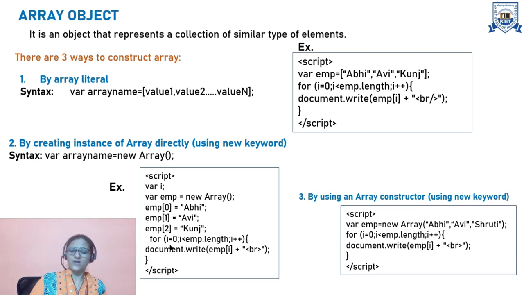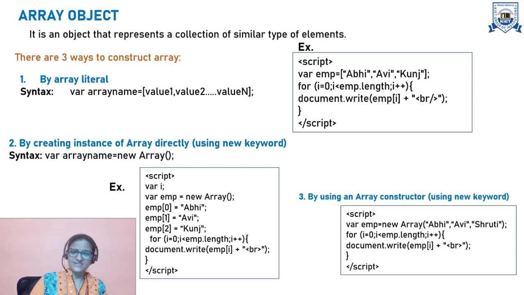Then with the help of this for loop, again the length property, we go through the entire length minus 1, as it is starting from the 0th index and length is starting from 1. So we have to move one place below the length: from 0 to i less than emp dot length, i plus plus, and it will display every value that is associated with the index.